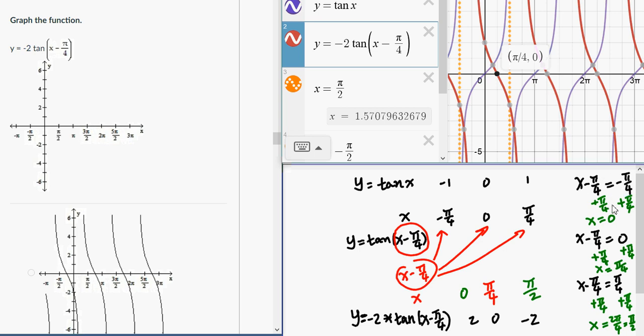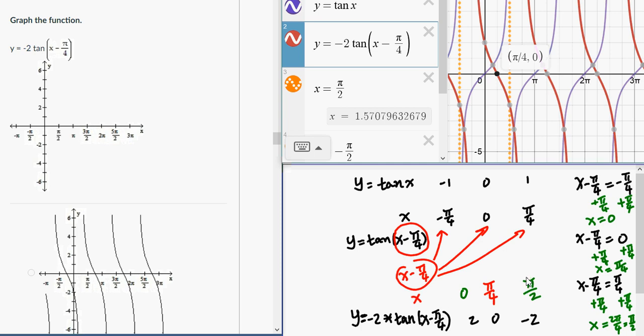Add pi over 4 on both sides. x needs to be 0. Indeed, 0 minus pi over 4 is negative pi over 4, and tangent of negative pi over 4 gives you -1. Similarly, for the other value, x has to be pi over 2.